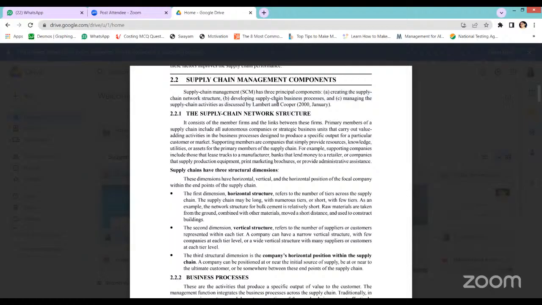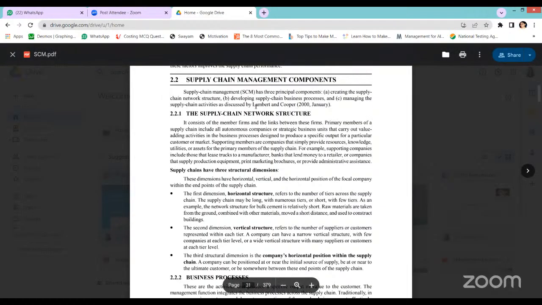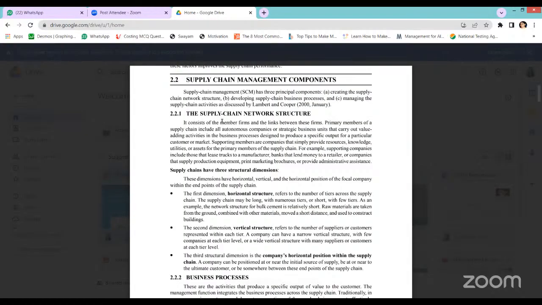When you are asked to explain supply chain management components, you need to brief each of these, because you can expect a question like: how is the supply chain network structure formed, how do firms create the supply chain network structure, or how do firms develop their supply chain business process?